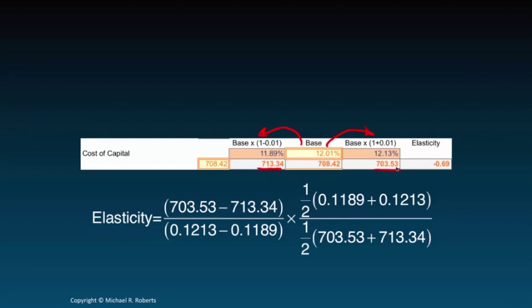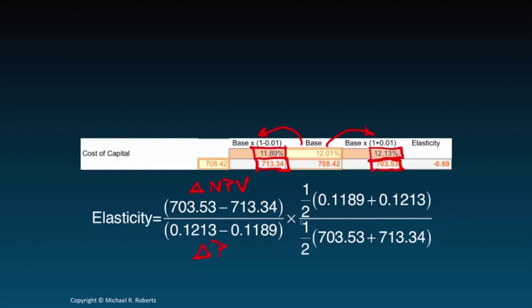So to estimate the elasticity of the NPV with respect to the cost of capital, I've simply looked at the delta NPV over delta parameter, delta in the cost of capital. Okay. So I've taken this one, 703.53, minus the 713.34. Okay. And I've divided that by the difference of 12.13 minus 11.89.